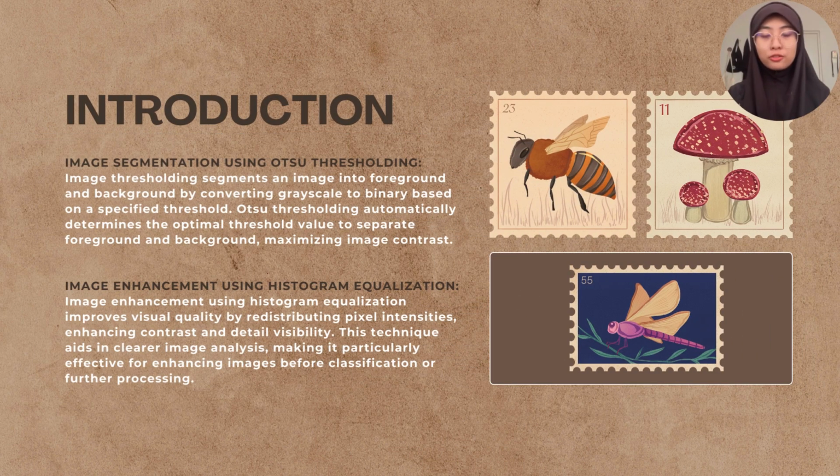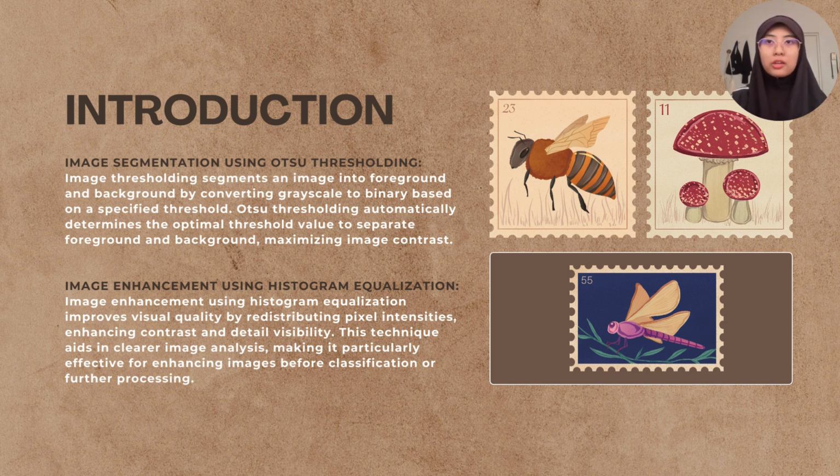As for the introduction, I'm going to talk about the method that we use, which is image segmentation using Otsu thresholding and image enhancement using histogram equalization. Image thresholding segments an image into foreground and background by converting grayscale to binary based on specific thresholds.